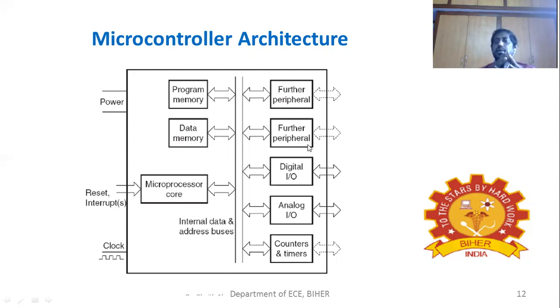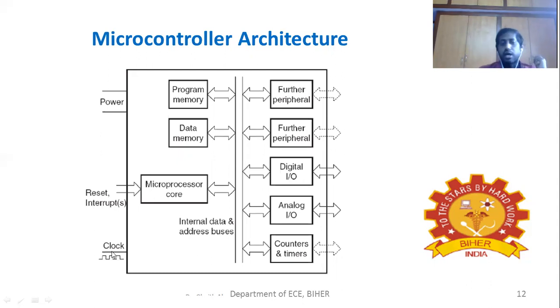In this way it is different from a microprocessor. In the microprocessor, only the central processing unit is integrated in the chip. Here, along with the CPU, the counters, timers, ADCs and related things are also integrated within the chip because it is used for application-specific work.